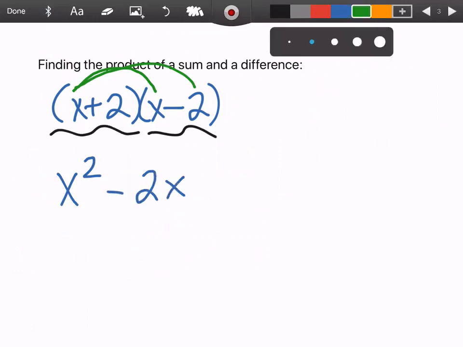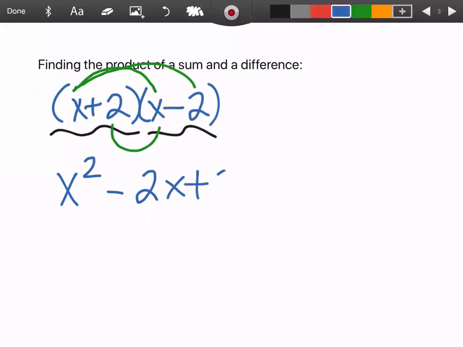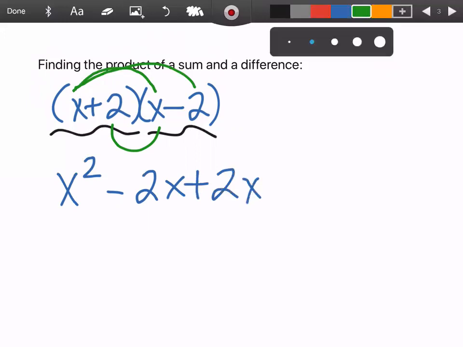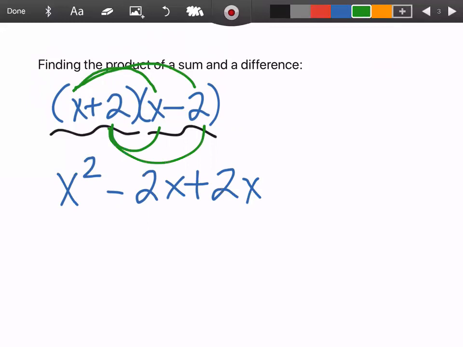Do the same thing with the 2. So you'll have a positive 2 times x, which gives us a positive 2x. Then a positive 2 times negative 2, which gives us negative 4.